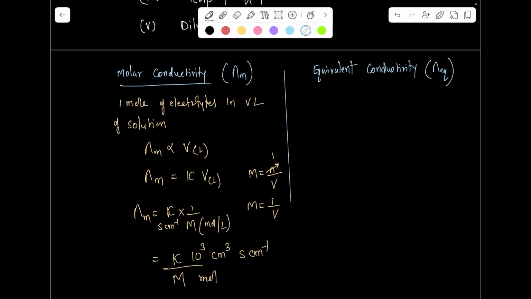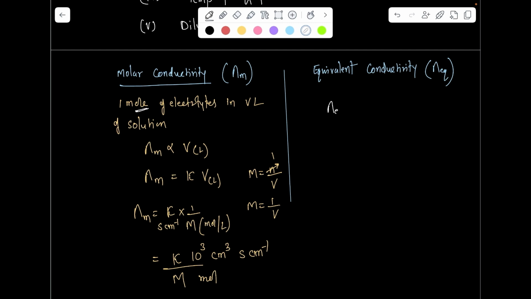Equivalent conductivity, we can say the conducting ability of one equivalent of the electrolytes taken in V liter of solution. So here the molar conductivity means equivalent conductivity. So equivalent conductivity means it's just 1 mole we can replace by the 1 equivalent moles of electrolytes in V liter of solution responsible for conduction.